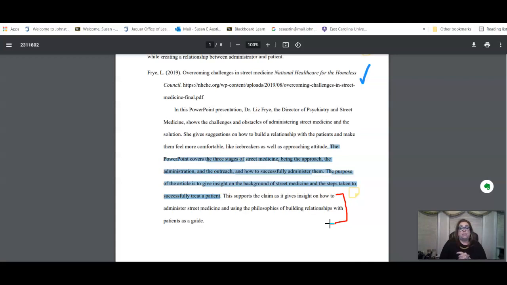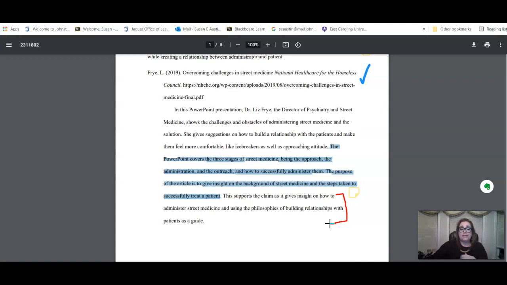So there really is no perfect with writing, because we can always revise and make things better, but this is a pretty solid, close to perfect annotation here. We have a very clear summary and very key elements to what the source was. Then we have some good analysis and evaluation of what's included in the source information.